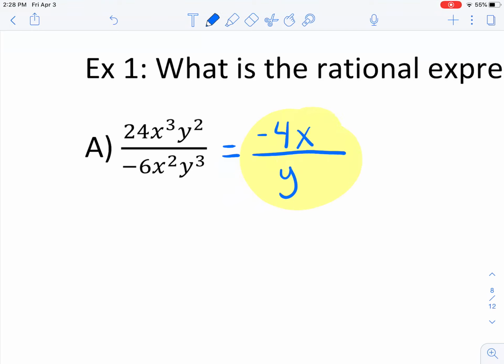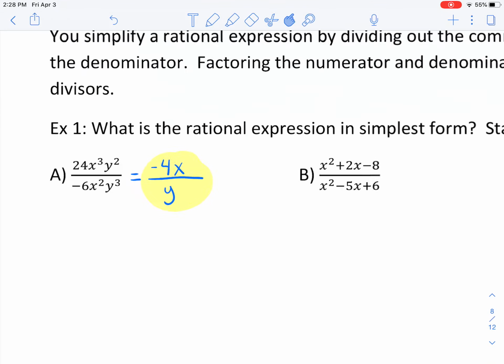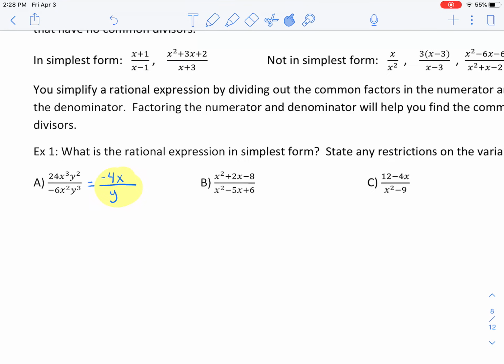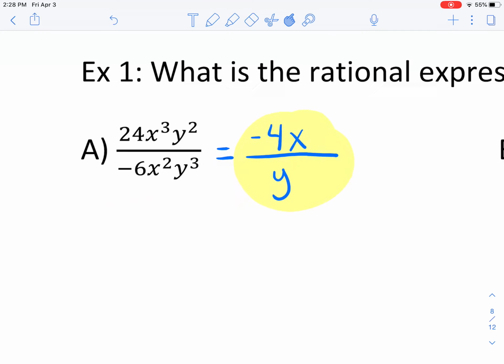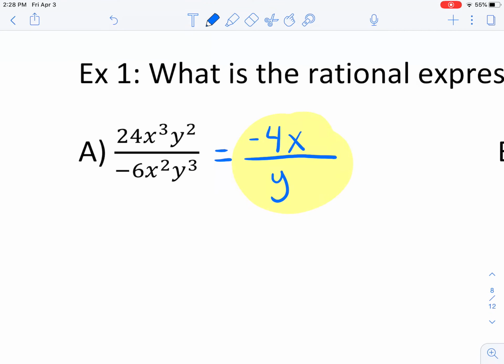When it asks you to state any restrictions on the variables, what we're worried about there is our denominator being 0. So what variables will make the denominator 0? Those are the ones that we need to restrict, or the ones that we need to say cannot be a part of the solution.